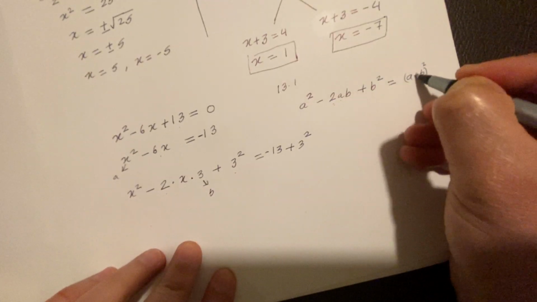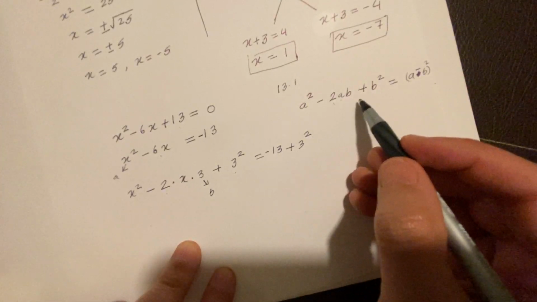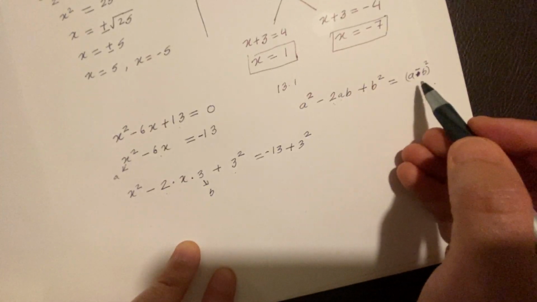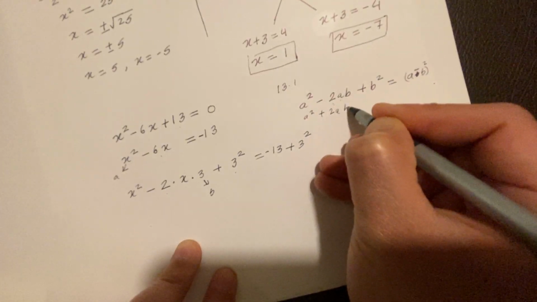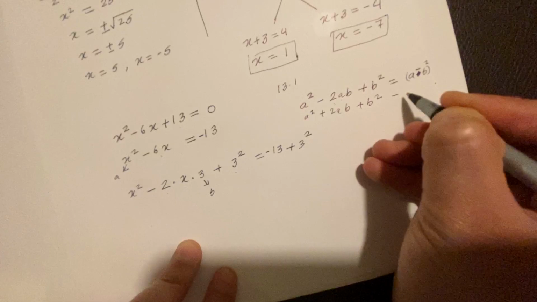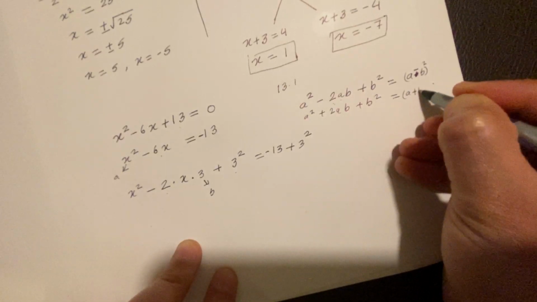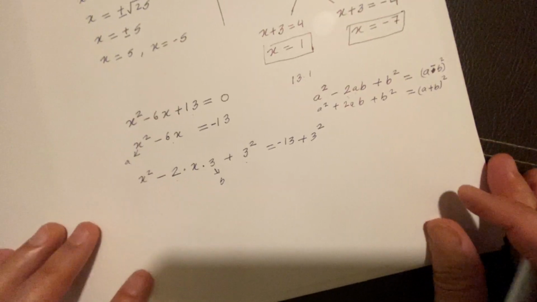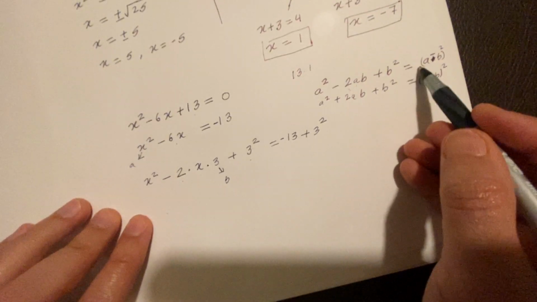this must be minus, I'm sorry, this is a minus. A squared minus 2ab plus b squared is equal to a minus b whole square, and a squared plus 2ab plus b squared, now if there is a plus here, then this is a plus b whole square. All right, so since we have a minus now, this is going to be a minus b whole square.